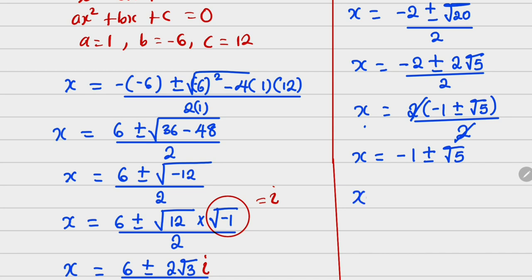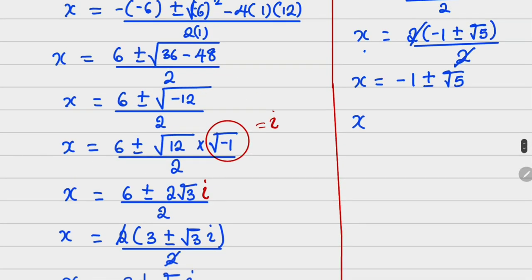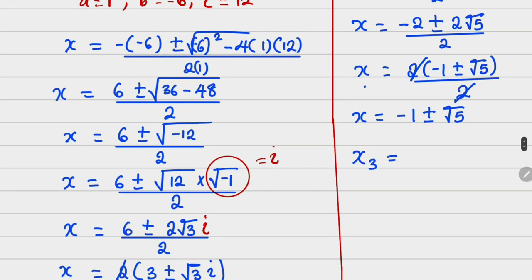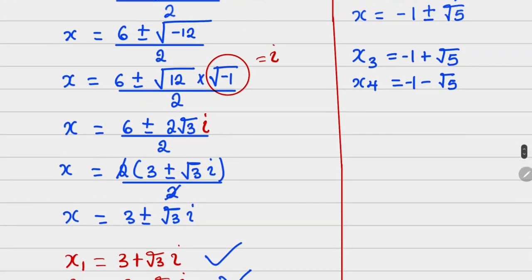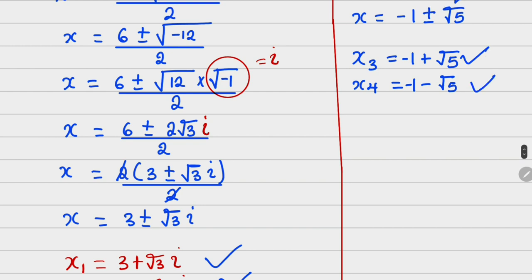So we can say x3 will be equal to minus 1 plus root of 5. Then x4 will be minus 1 minus root of 5. These are the 4 that I have. Check them out: we have 1, 2, 3, 4. So these are the 4 roots or solutions to this particular problem.